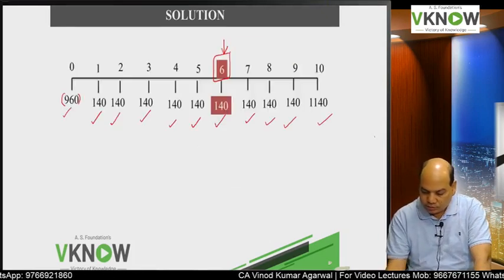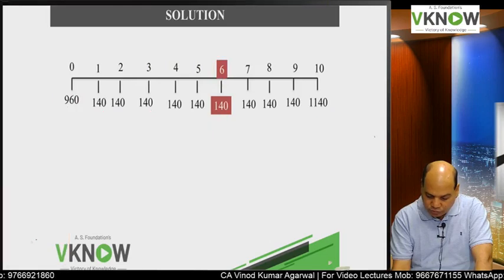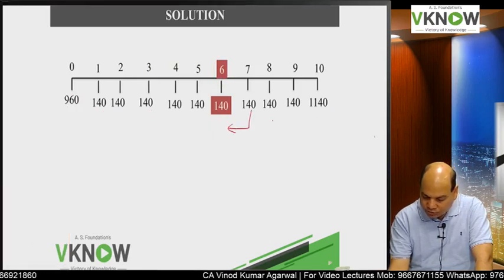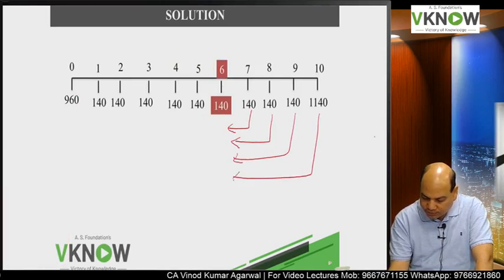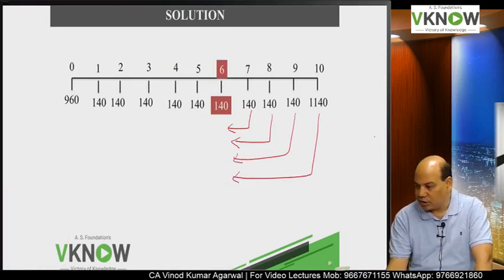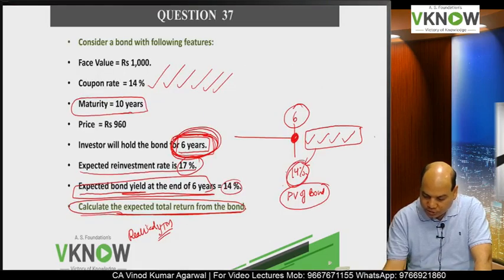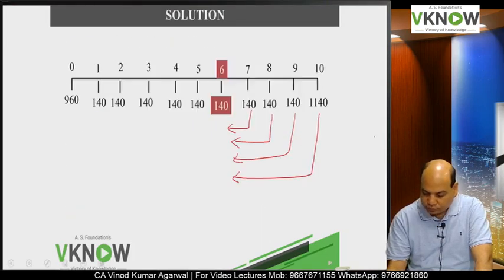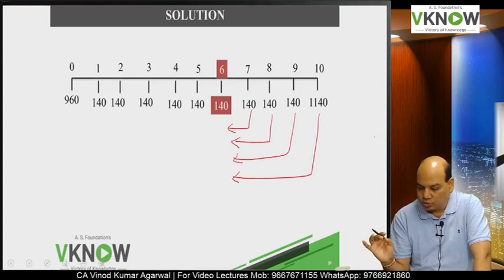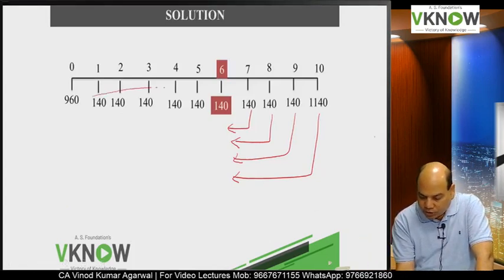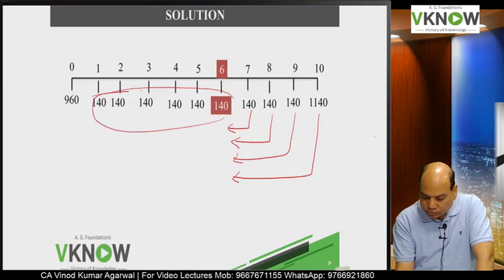and for that we will have to discount these cash flows using a 14% discount rate. So two calculations I have to do here. First I have to calculate the future value of this coupon.